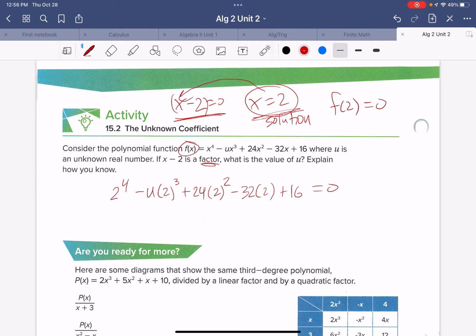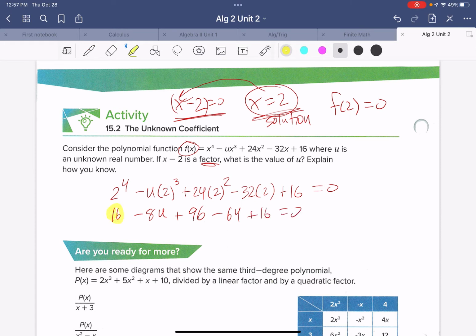So now I need to simplify this. 2 to the 4th is 16. And then that 2 to the 3rd is 8, so it'll be minus 8u. 2 squared is 4 times 24 is 96, minus 64. Oops, 64, not 34, minus 64 plus 16 is equal to 0.